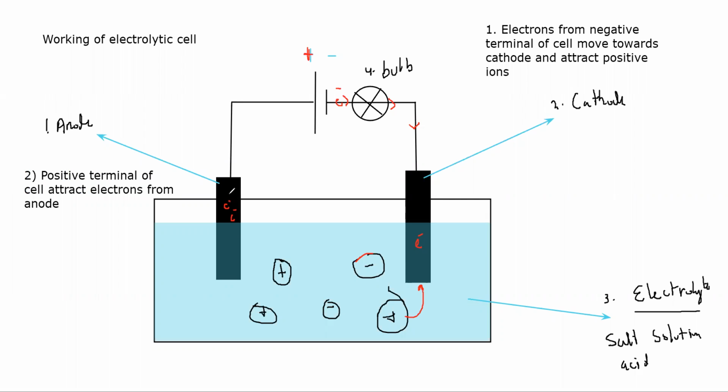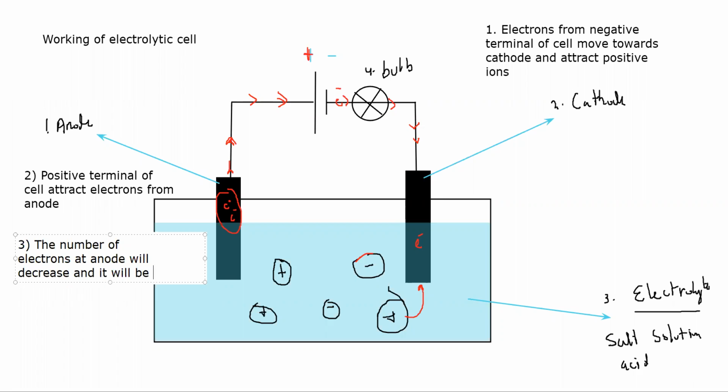The electrons which are already there are attracted towards the anode and then towards the positive terminal. So the number of electrons at the anode will decrease and it will become positive.